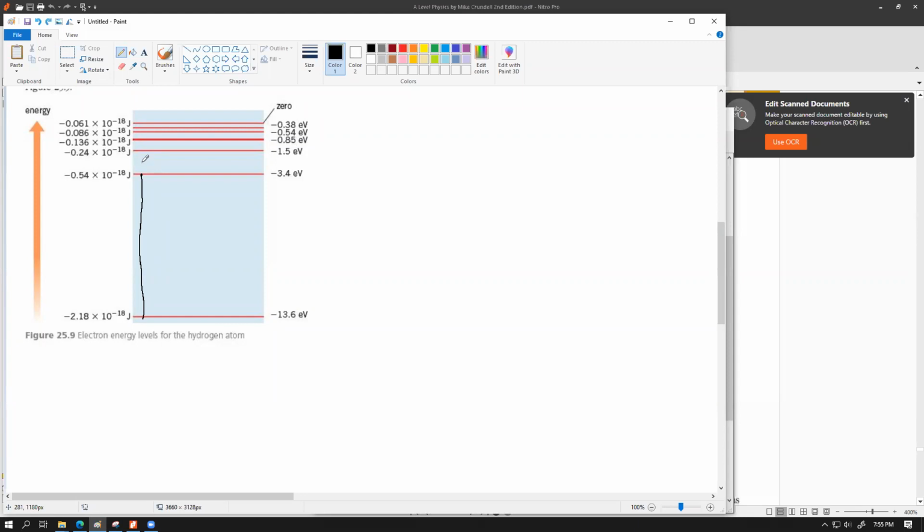Let me get the energy differences of this one. Kids, can you tell me the difference of these values? For example, this much is how much?